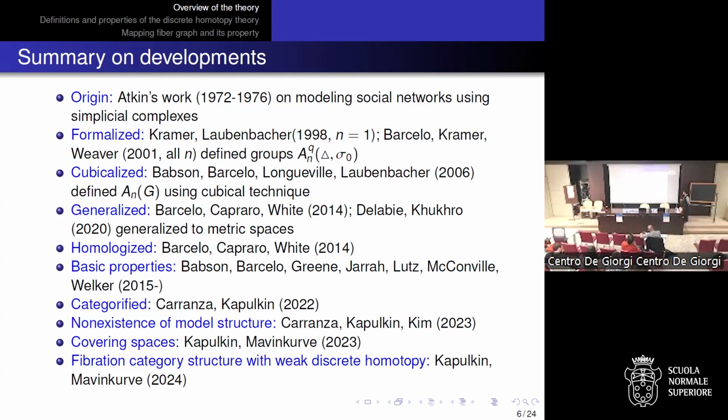More recently, Kapulkin and Mavinkurve categorified the theory, and now they actively study it, like the model structure of the graph category, or covering spaces and a classification theorem. And now they are working on weak discrete homotopy theory and so on. So this is really recent work.